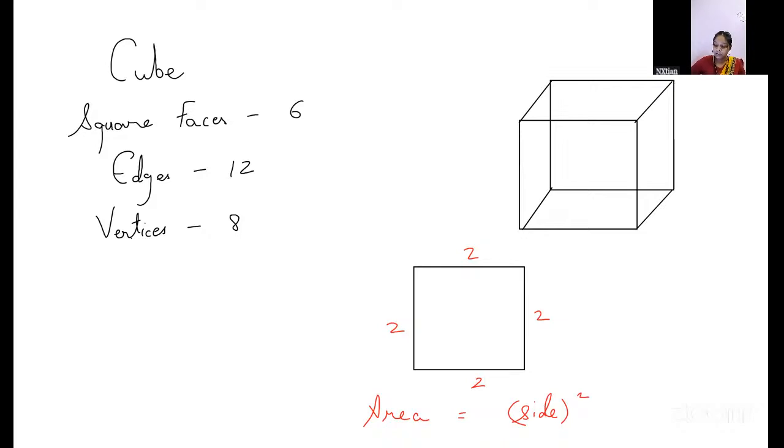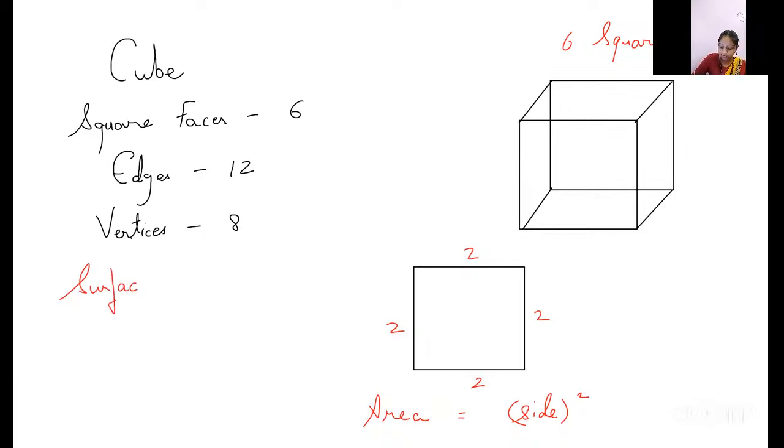Now in this cube we have 6 squares in it. So what does the surface area of cube become? It becomes 6 multiplied by side square. Okay, write it down.